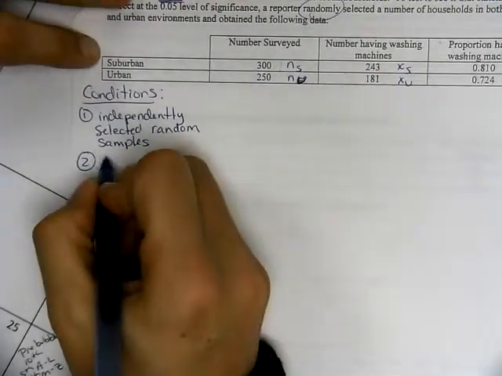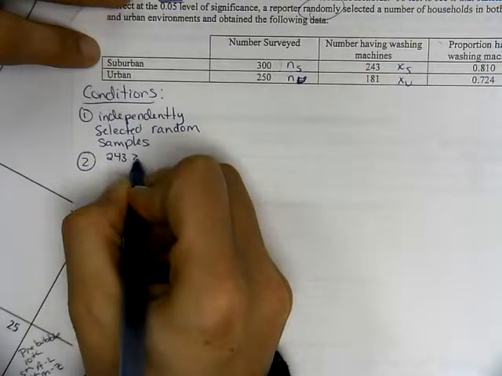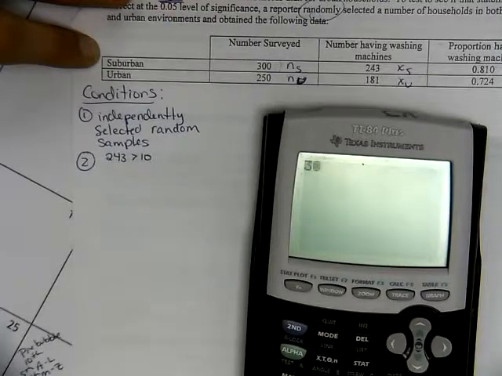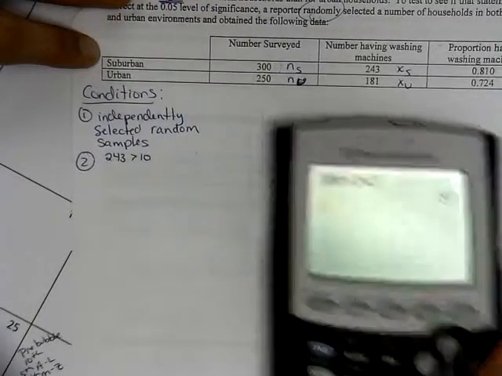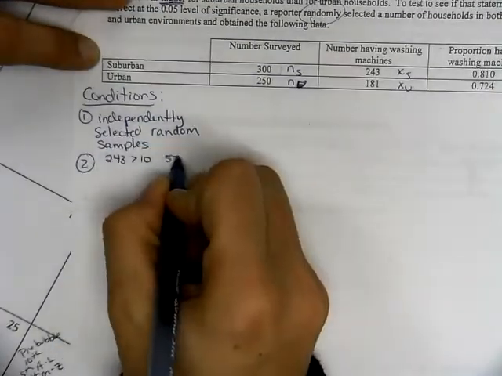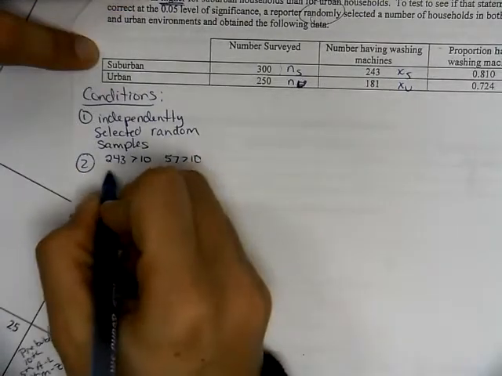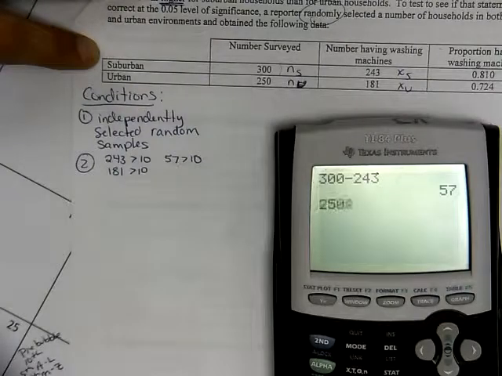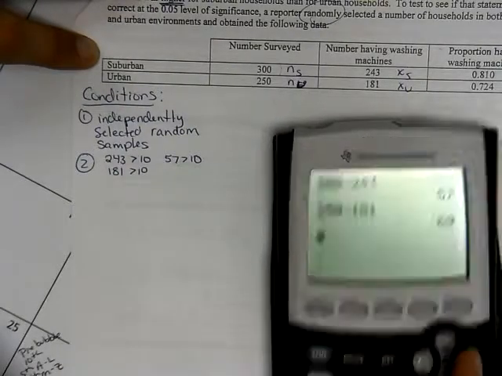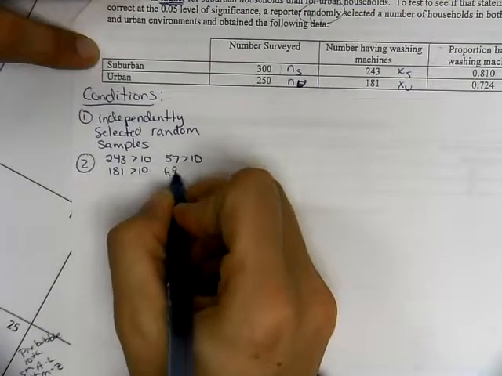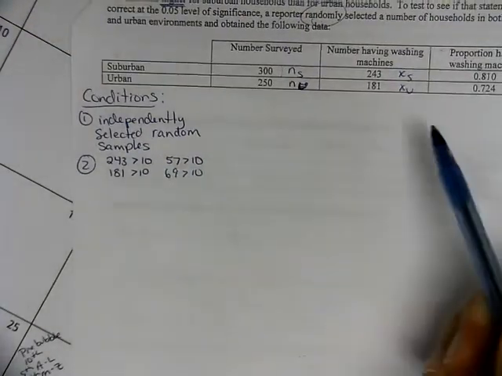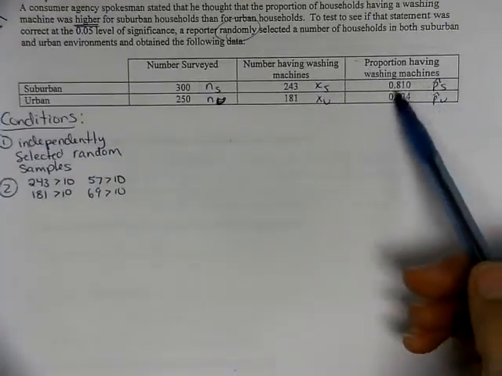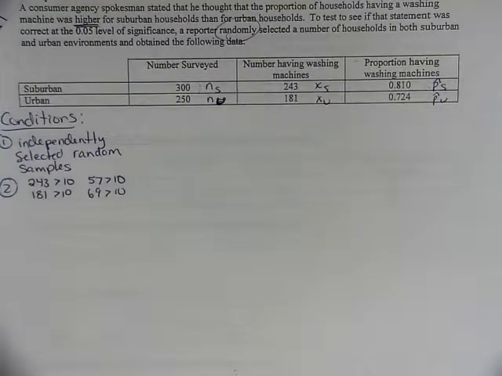For suburban, we have 243, that's greater than 10. And if I do 300 minus 243, that's 57, which is greater than 10. And then you got 181 is greater than 10 for the urban, and 69 is greater than 10. It is kind of nice when they give you X as opposed to just giving you this. Otherwise, you've got to do some multiplication.